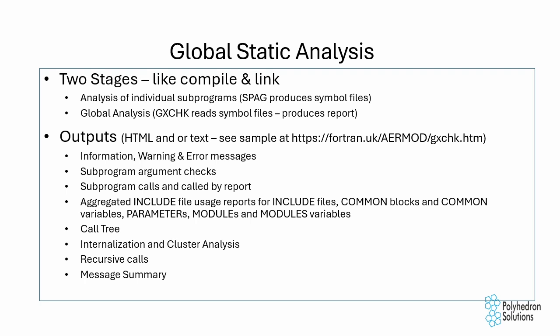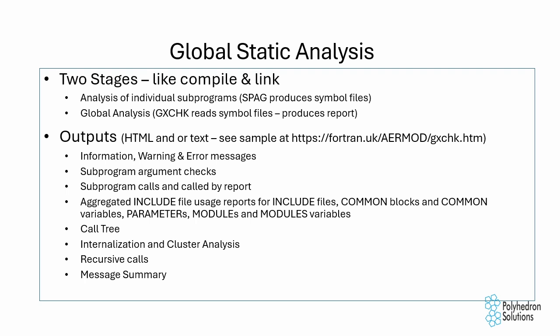The outputs from global static analysis can be a simple text file, or more usefully perhaps an HTML file with hyperlinks connecting all the variables and reports. The output includes aggregated usage for include files as well as for individual variables and modules and so on.